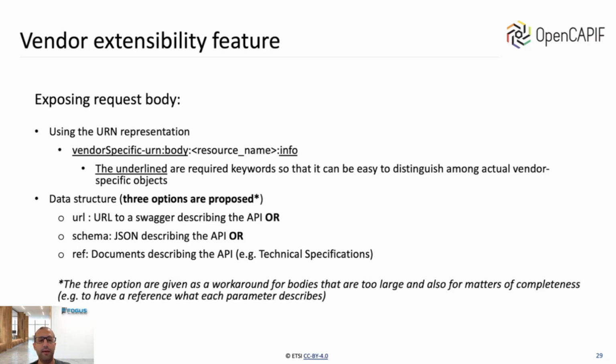So we proposed a way to expose the body structure of an API by using the vendor extensibility feature.